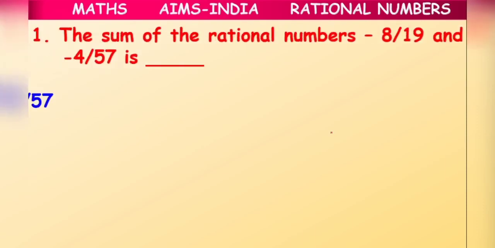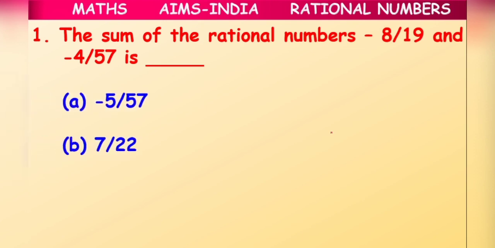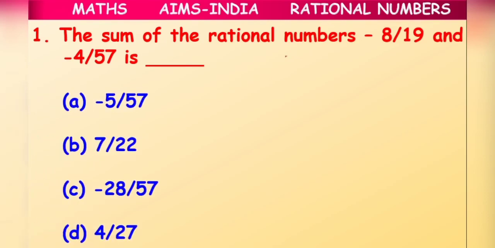Okay, now let's see some MCQ questions based on whatever we have learnt. We have to find the sum of rational numbers. Option A, option B, option C, option D. 4 options they have given. We have to find the sum: minus 8 by 19 plus minus 4 by 57.